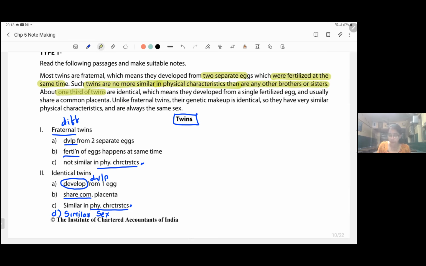About 1/3 of twins are identical, which means they developed from a single fertilized egg and usually share a common placenta. Unlike fraternal twins, their genetic makeup is identical, so they have very similar physical characteristics and are always the same sex. Like if twins come, both are boys, both are girls, or one boy and one girl. So there is the difference they are telling.